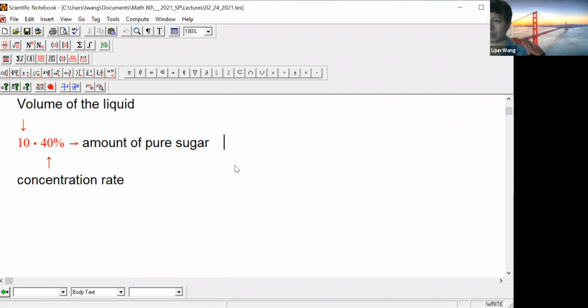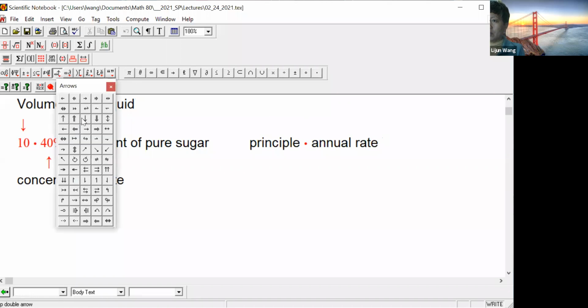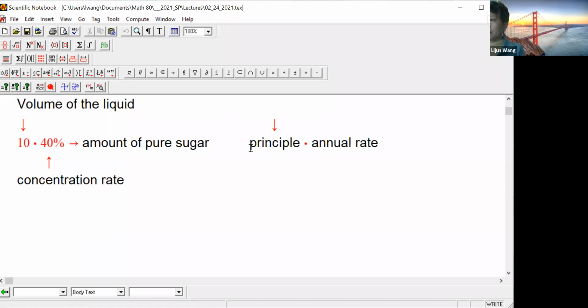But anyway, I just try to make it a side by side comparison. Where else did we talk about this? We talked about, say, the total investment amount, principal, multiplied by the annual rate, right? That's a percentage. We talked about this before. And that principal multiplied by annual rate acquires a new meaning.